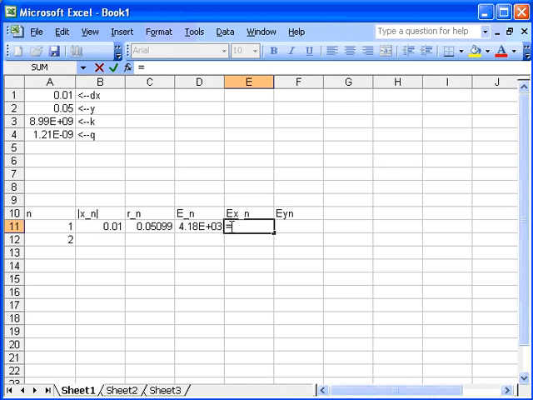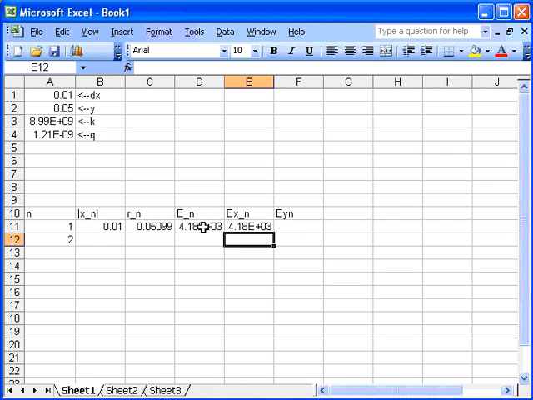This, I think, I'll go equals the K, $A$3, times $3, KQ, so times, then I went $A$4, slash R to the 2.